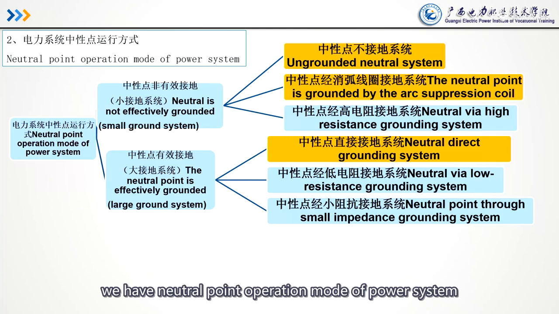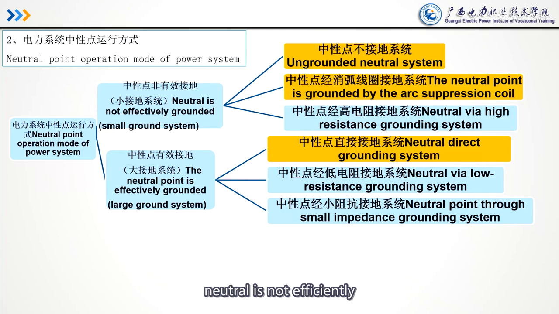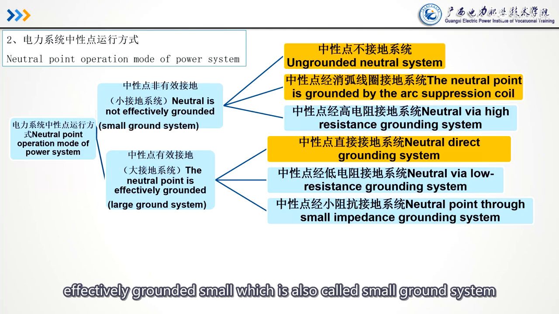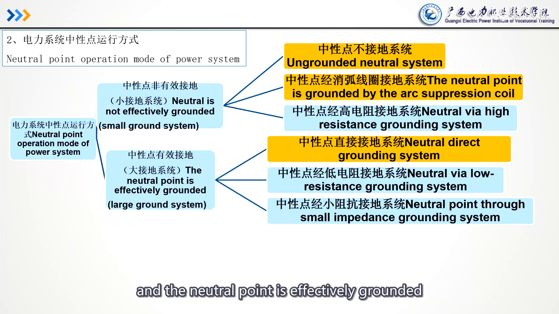Neutral point operation mode of power system. If the neutral is not effectively grounded, it is also called small ground system. If the neutral point is effectively grounded, it is a large ground system.